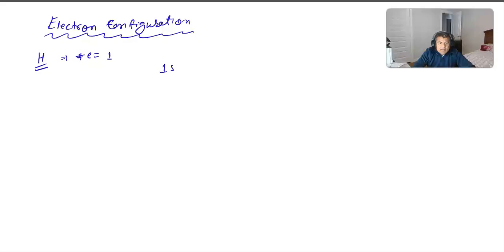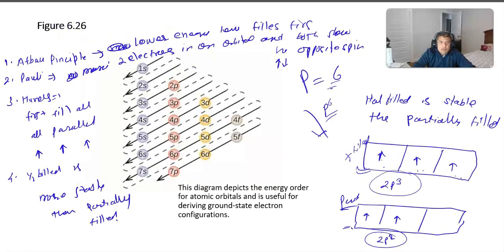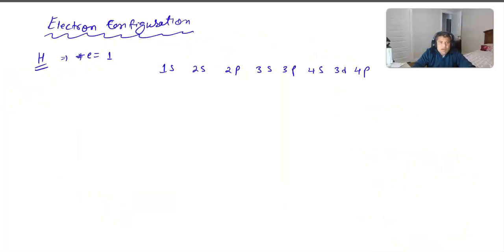So 1s and then 2s, then 2p. 2p has how many? 6. Then 3s, then 3p, then 4s, then 3d, then 4p, 5s, like that. But it has only one electron, that's why 1s1.